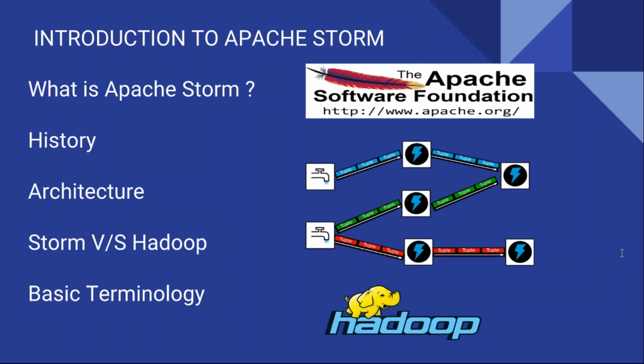But when Hadoop came into existence, the latency and the time taken to process huge amounts of data went down, and that is why Hadoop became famous within a short period of time. We already have Hadoop, but why are we looking at Apache Storm?